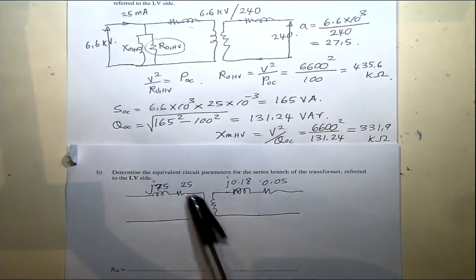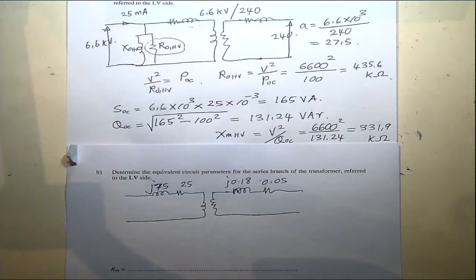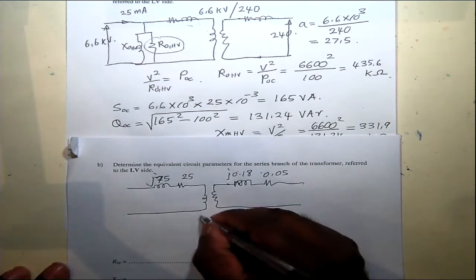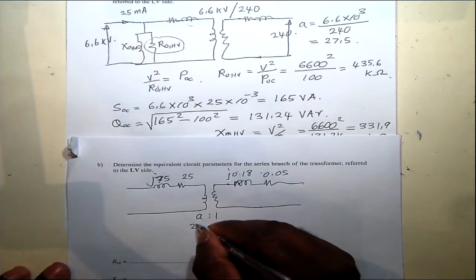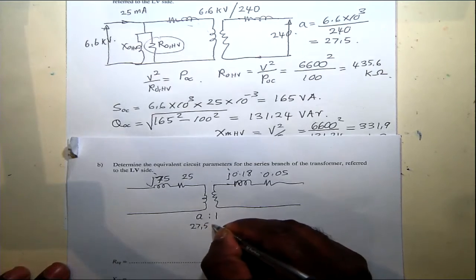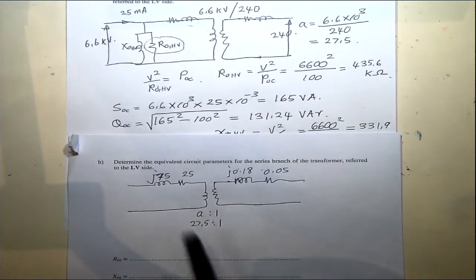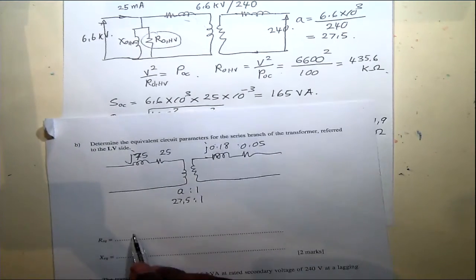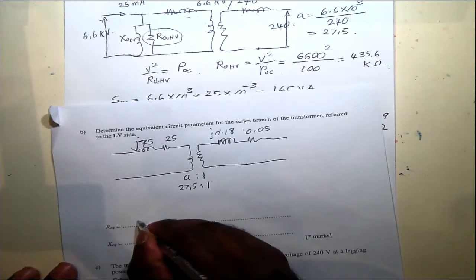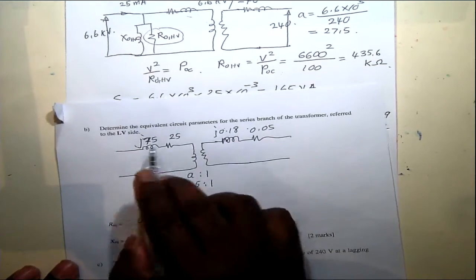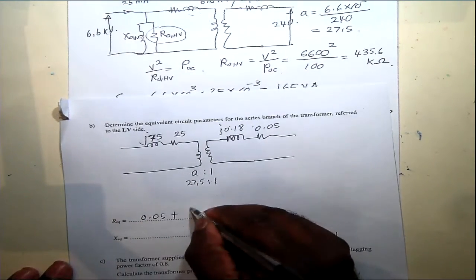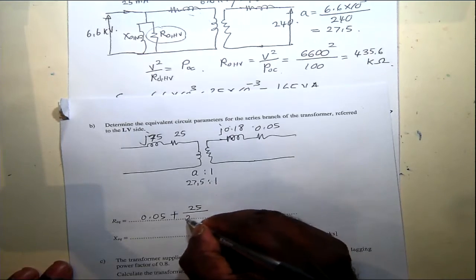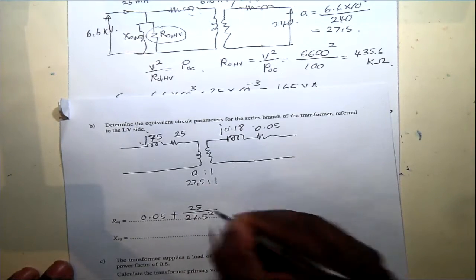So we need to move this to the low voltage side. The turns ratio here is 27.5 to 1. So you need to divide these elements by 27.5 squared. So here you'll have 0.05 plus, when you refer this to the other side, 25 over 27.5 squared.